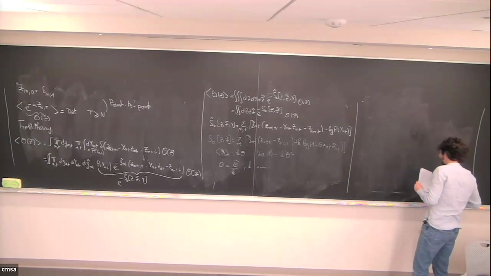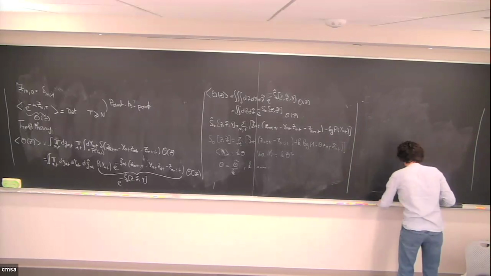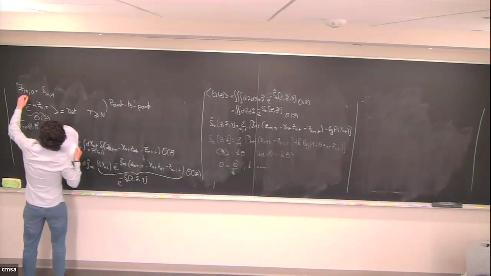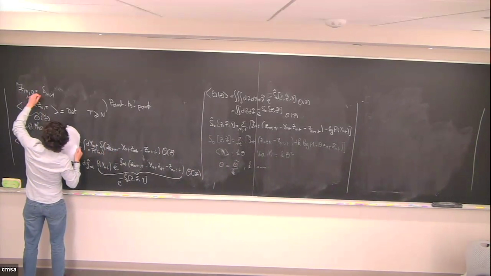So when you choose such a parameterization, what does it do for us? First of all, we also choose in this regime u to be k times capital Gamma.